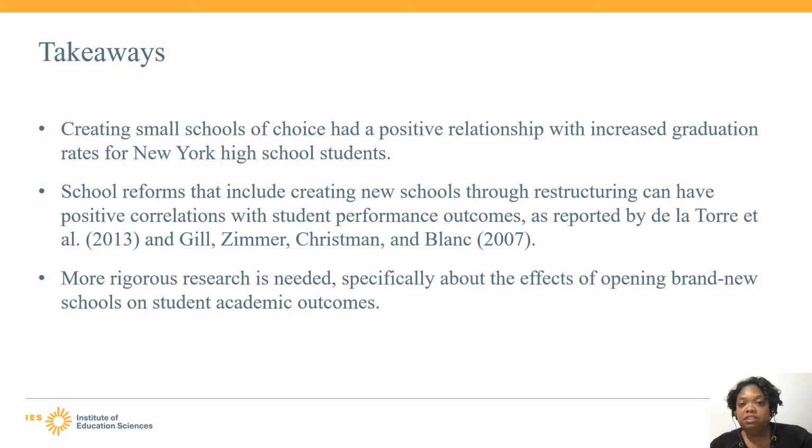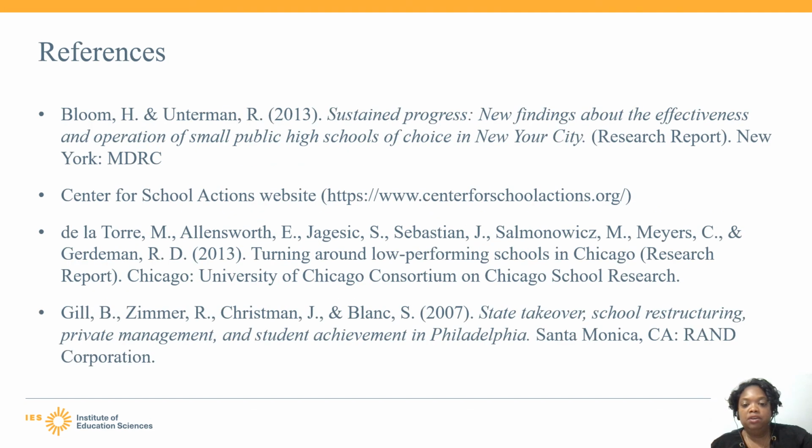More rigorous research is needed, specifically about the effects of opening brand new schools on student academic outcomes. Here are the references for all of the research articles discussed in this video.